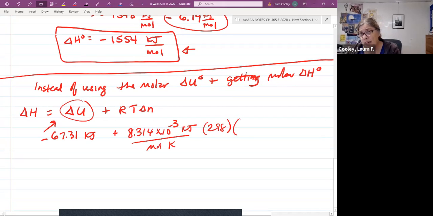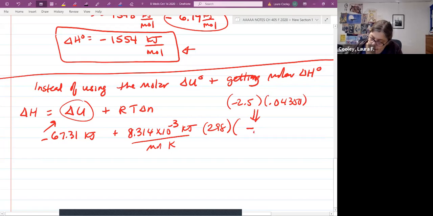So in that case, instead of using the negative 2.5, we have to use negative 2.5 multiplied by the number of moles, which, if you remember, was 0.04350. And that's how we got this number, negative 0.1088 moles.